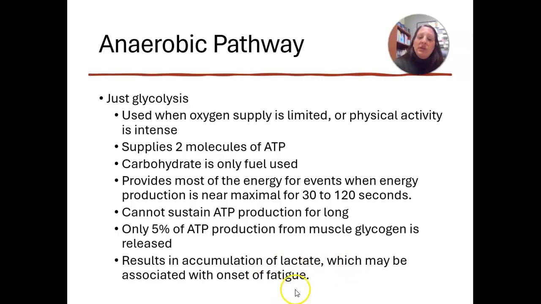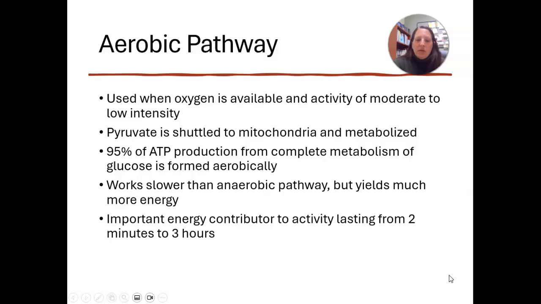It also produces excess protons, H pluses, hydrogen ions, which changes the pH of our muscles, which is associated with that burning sensation, almost might feel like cramping. It goes away when the exercise is done. But again, that's the onset of fatigue. So if oxygen is not present, that's all we have.